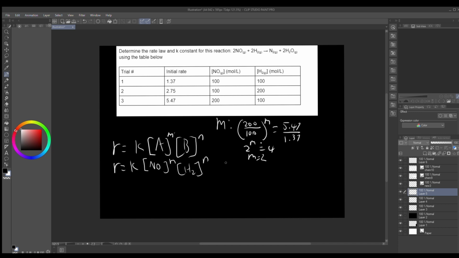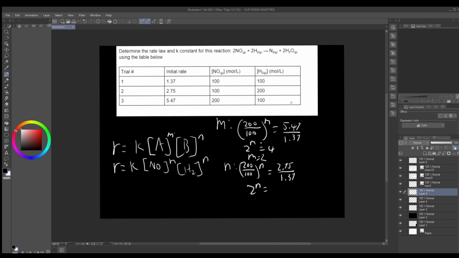And then for n, we use the same thing. We're going to be using trials 1 and 2. So we have 200 over 100 to the power of n equals 2.75 divided by 1.37. So 2 to the n equals, that should be around 2.